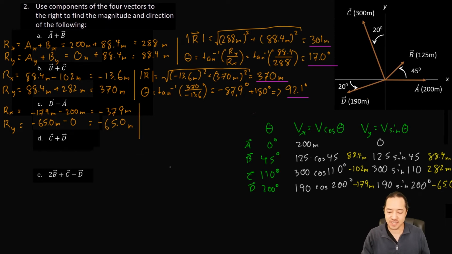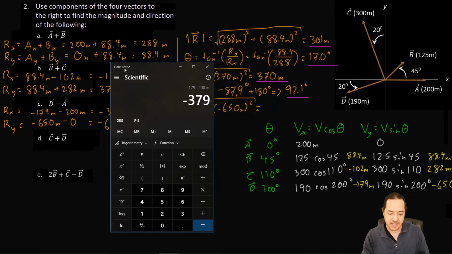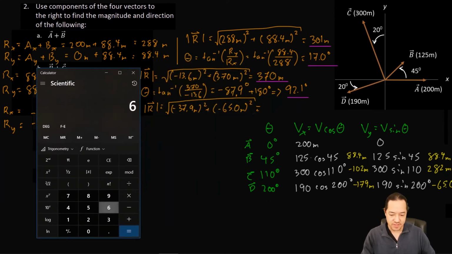Okay, let's calculate the magnitude of this resultant now. That's going to be negative 379 meters squared plus negative 65 meters squared, and then we take the square root of that. Calculator time. Let me clear memory here. 65 squared, put that in memory. And 379.